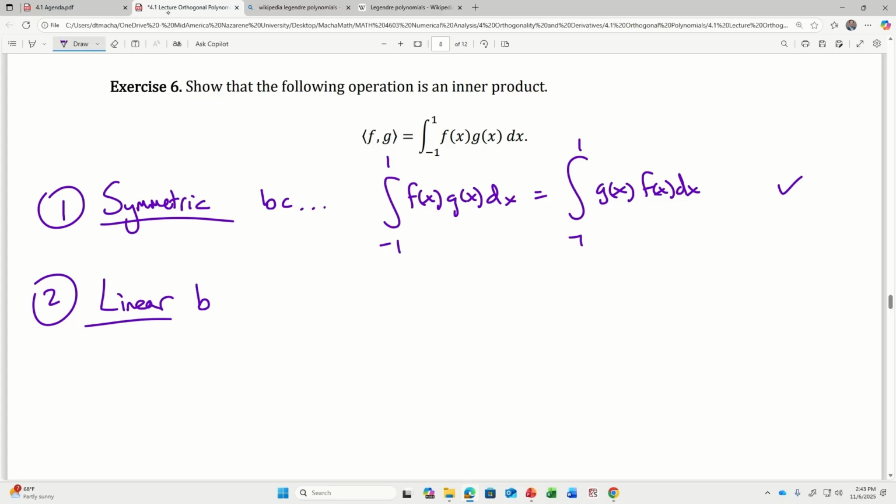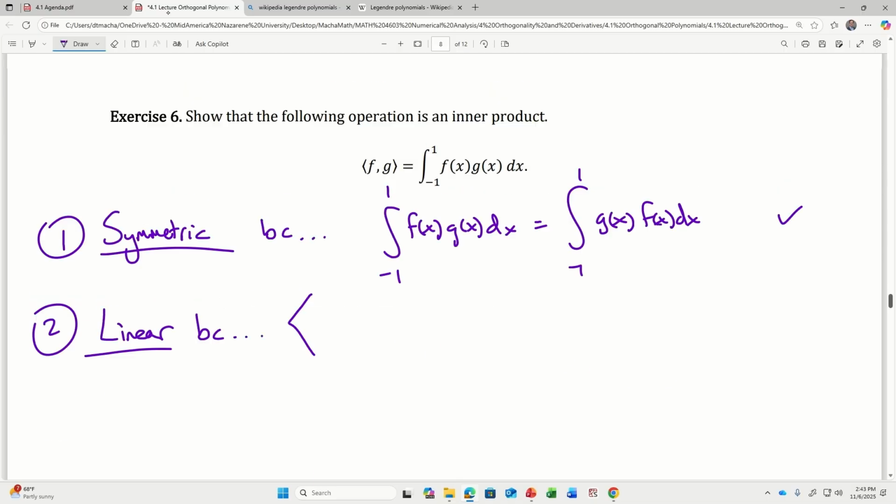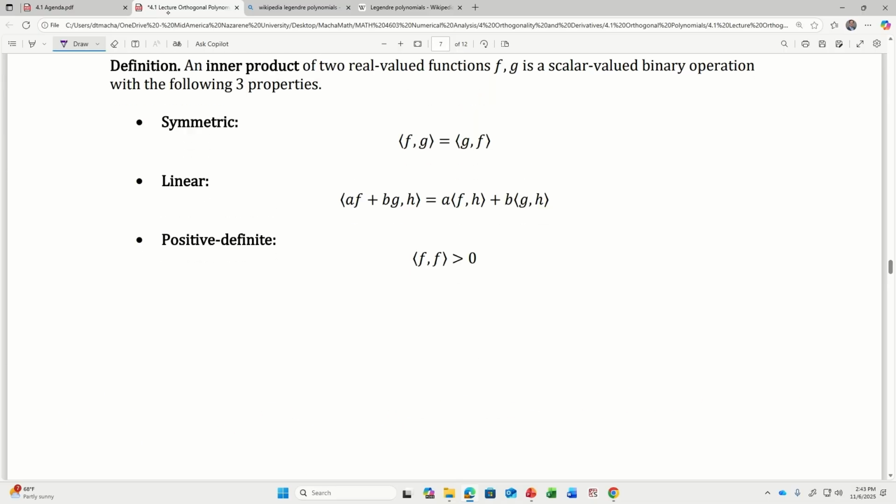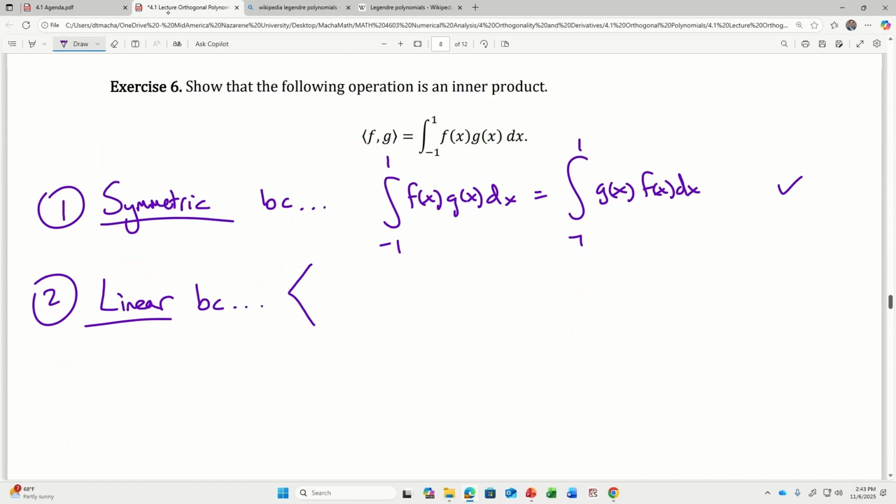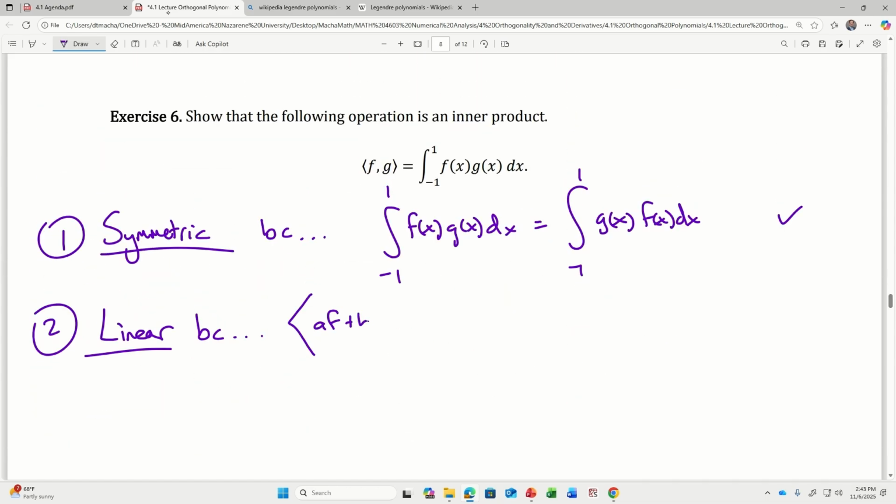This is linear because if I were to have some inner product of, you don't have to use the same symbols as me, but I was calling it af plus bg, h, that would be the integral from -1 to 1 of a times f of x plus b times g of x, times h of x dx.